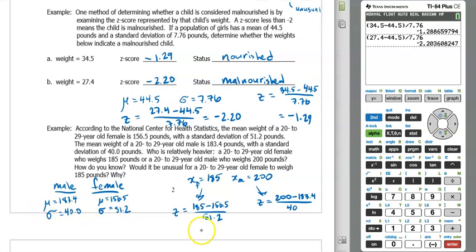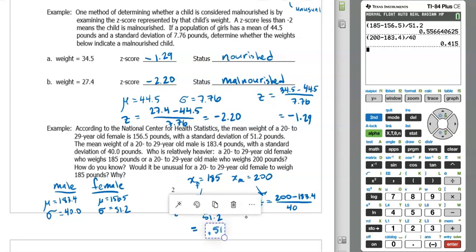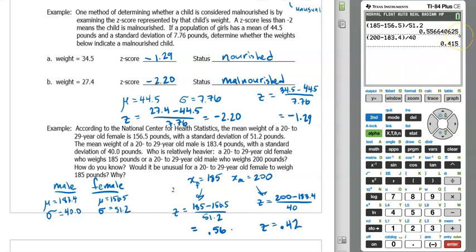And so I'm going to go ahead and calculate these z-scores. We get that the z-score for the female weight is 0.56, whereas the z-score for the male weight is 0.41. Oh, actually, I'm rounding it incorrectly. It should be 0.42, of course, as 5 would round up.